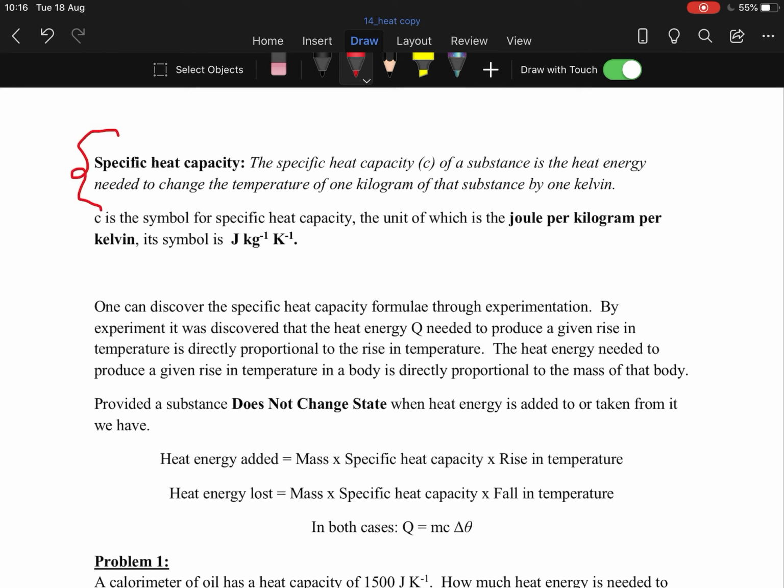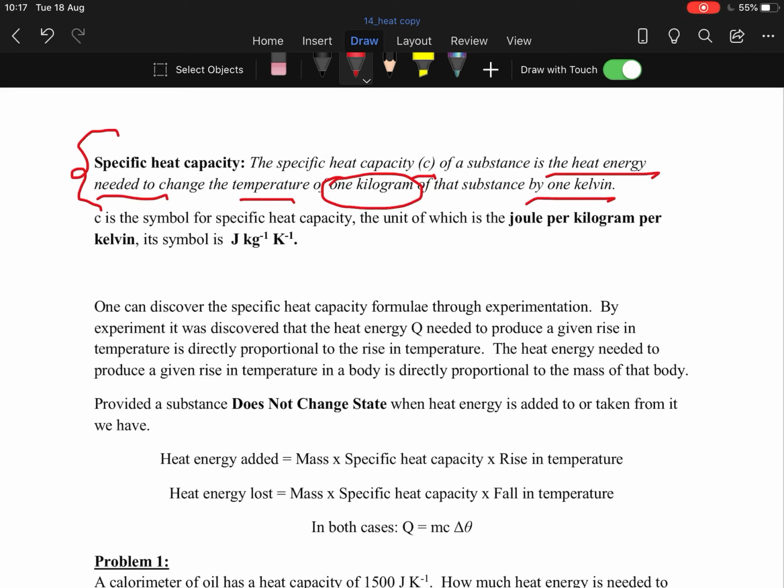So, did you realize what we were missing? What's the difference? Specific is small c, the heat energy needed to change the temperature of 1 kg by 1 Kelvin. You see, that's the difference. Heat capacity, if you noticed, there was no discrepancy. It just said, how much do I need to heat up water? And then obviously, you should realize that there's too many variables.